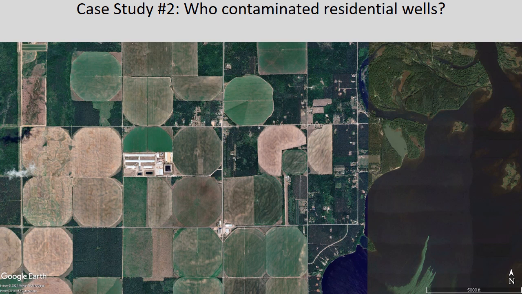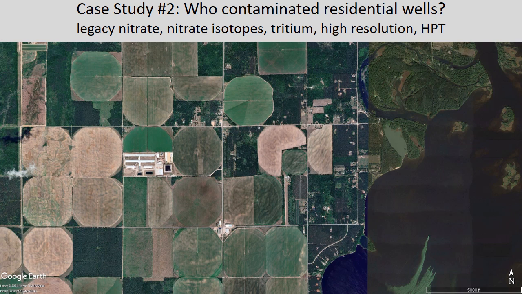The second case study involved another large dairy that you can see here, and residential wells that were largely along this lake. They had nitrate impact in their water wells that were screened at about 50 feet below ground level, and immediately pointed their finger at the dairy as the cause of that.